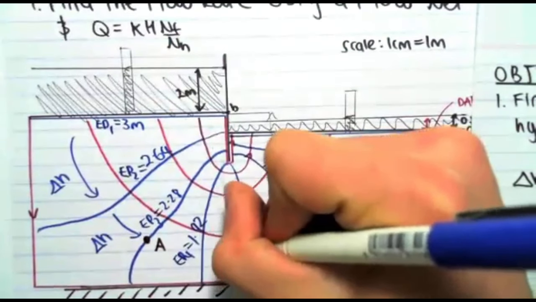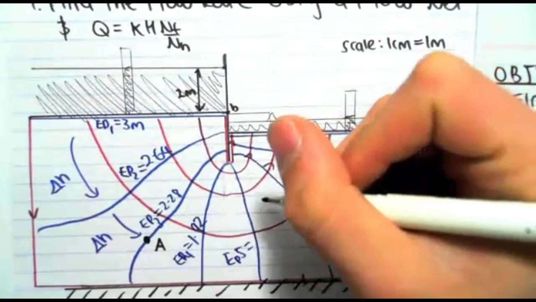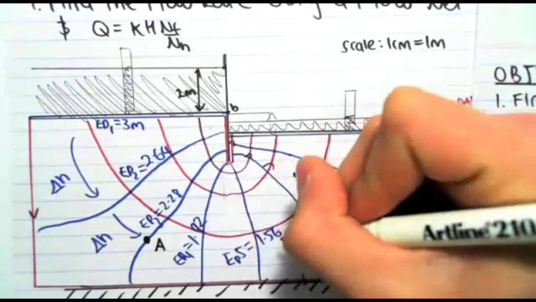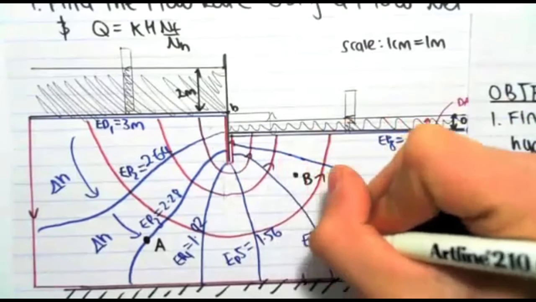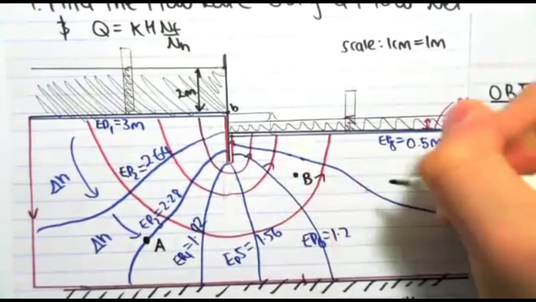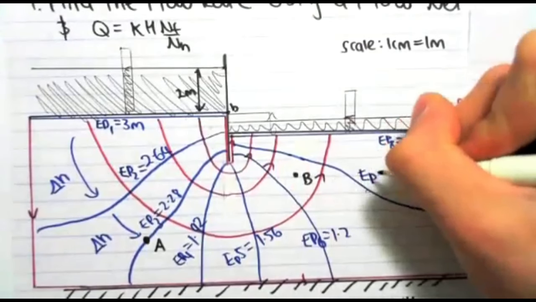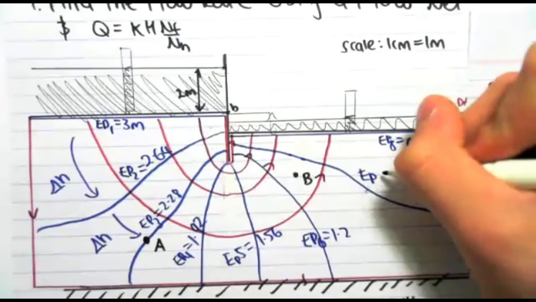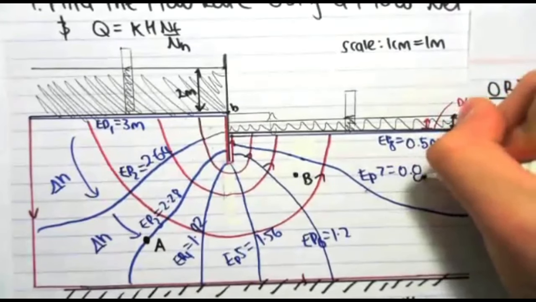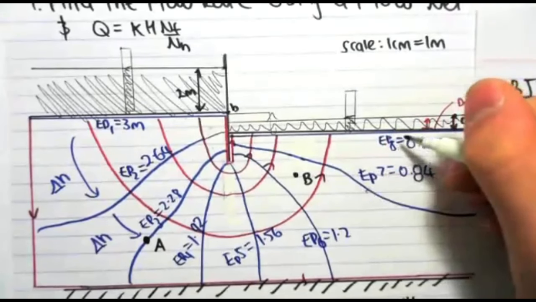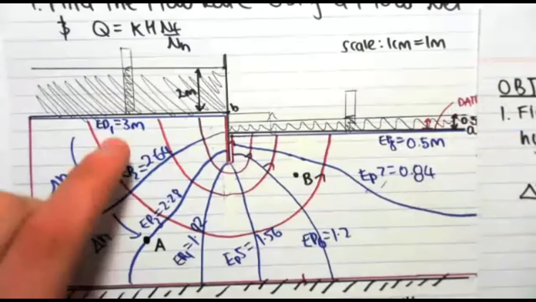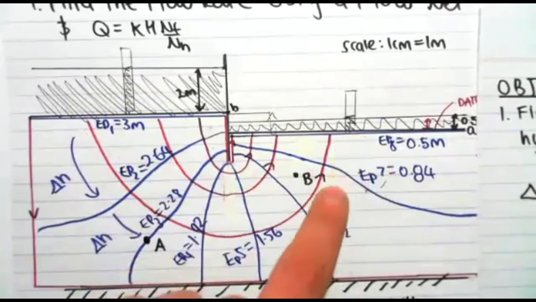EP5 would be minus another 0.36, which would be 1.56. EP6 would be minus another 0.36, which would be 1.2, and EP7 would be minus another 0.36, which is 0.84, and finally EP8 would subtract another 0.36, which would get us back to 0.5.